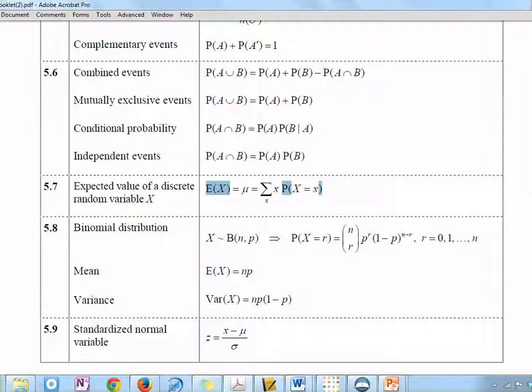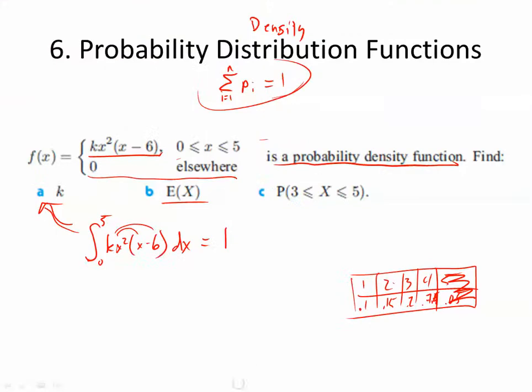It's a weighted average. Now, again, the sum is used for discrete values of x, when x can be specifically 1, 2, 3, 4, 5 counting numbers. In this situation, we're not looking at counting numbers. We're looking at a continuous function. So instead of sigma x times probability of x, we're going to do the integral, which will add them up, of x times probability of x, which is still kx squared times x minus 6 dx.